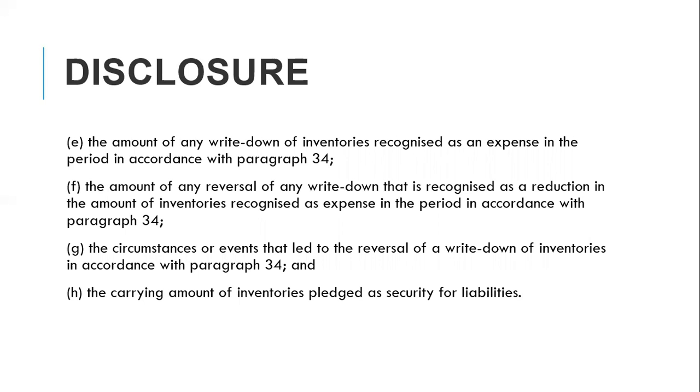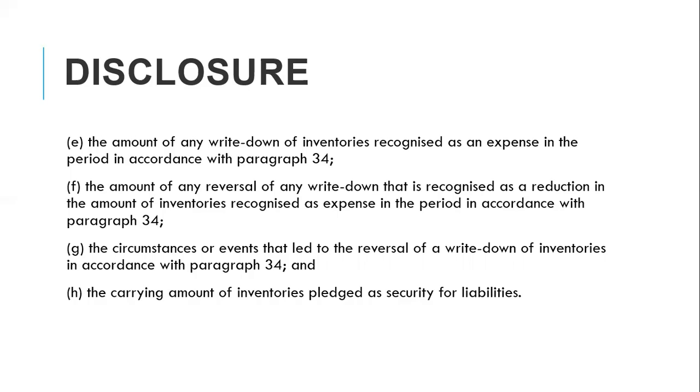Then the circumstances or events that led to the reversal of a write-down of inventories in accordance with paragraph 34. Then the carrying amount of inventories pledged as security for liability. So let us know if there is a lien on any of your inventory. So give us a true, transparent picture of what is happening as regards inventory. So that is basically what the disclosure is all about.